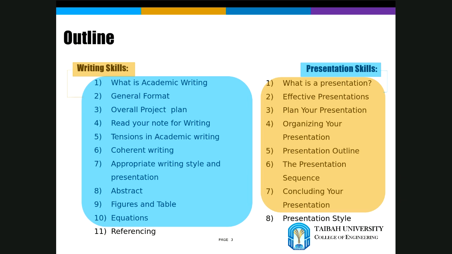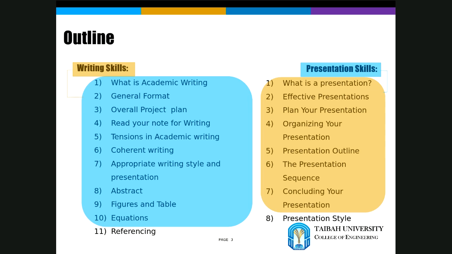After that, we're going to look at attention in academic writing. Coherent writing is really important as a skill. And then appropriate writing skills, style and presentation. By presentation here I mean the way you present your writing in terms of the format.